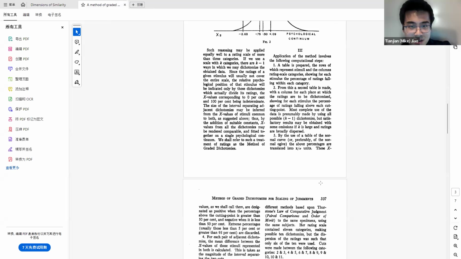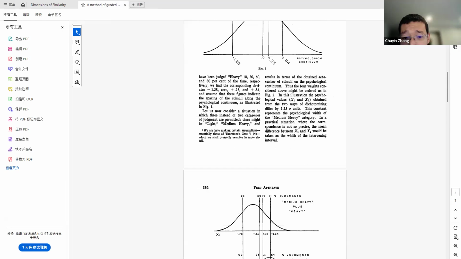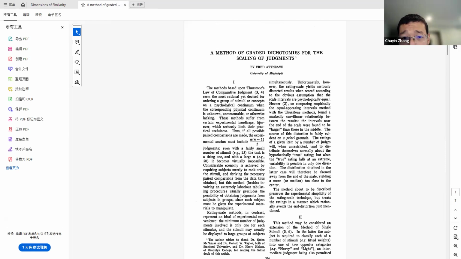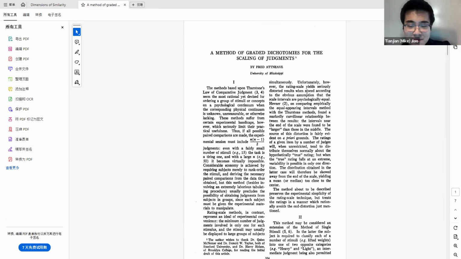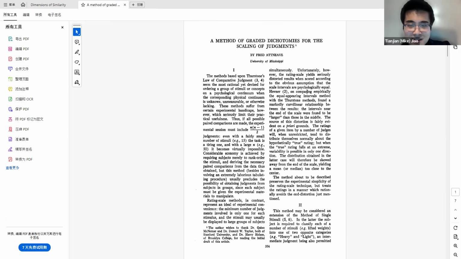So are we seeing a different paper now, or is it the same paper as before? Am I sharing this? Yes, you are sharing the new paper. Okay, great. So the same guy wrote this, I'm not sure how long ago. It's his method, so he's using it, fine.